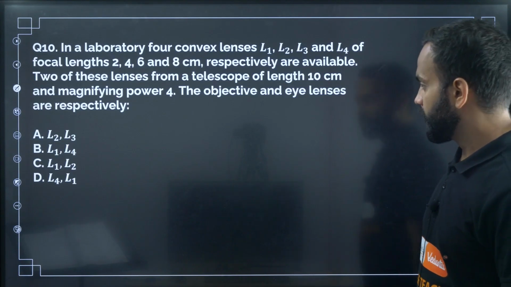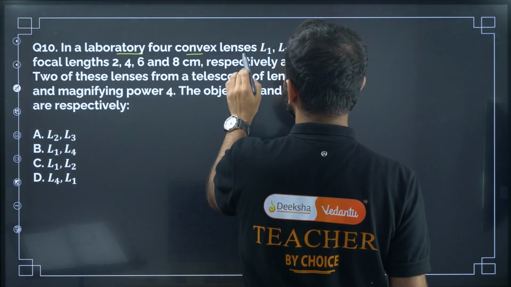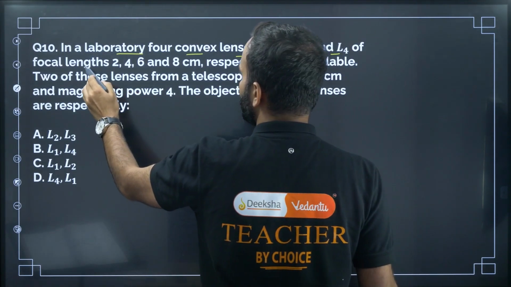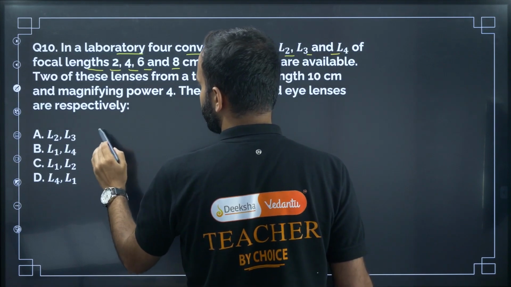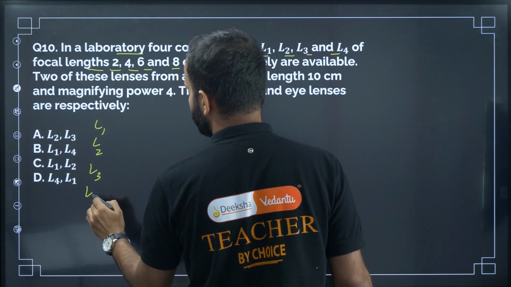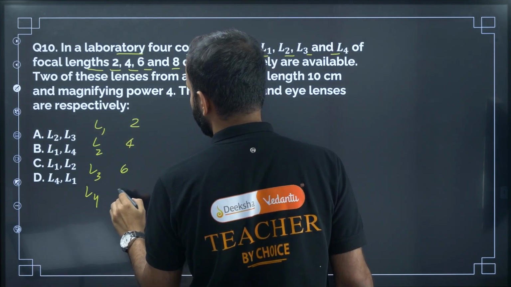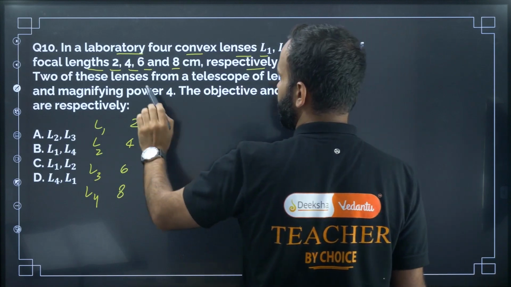Question number 10. In a laboratory, 4 convex lenses L1, L2, L3 and L4 of focal length 2, 4, 6 and 8 centimeter respectively are available.